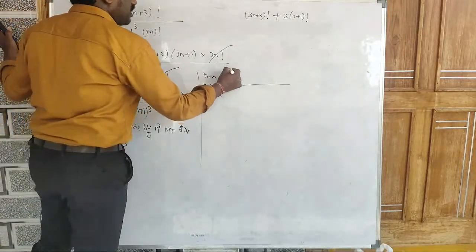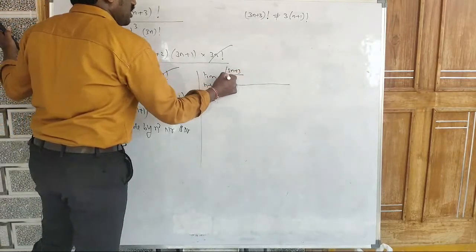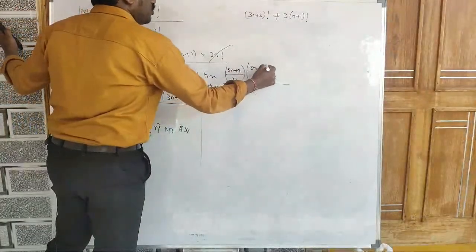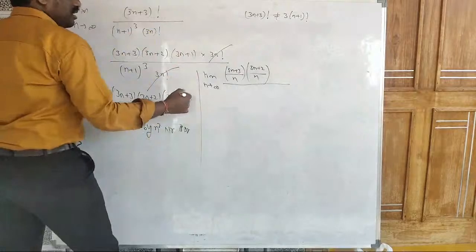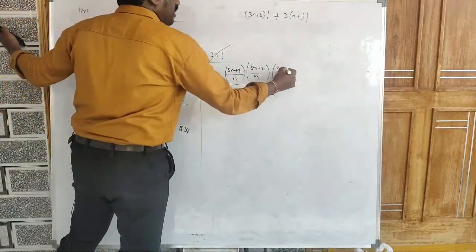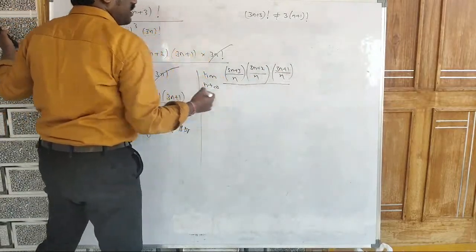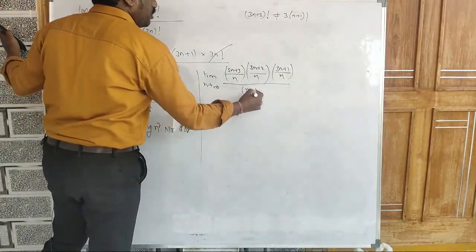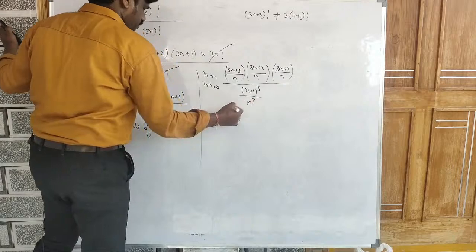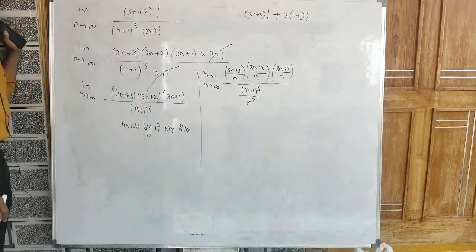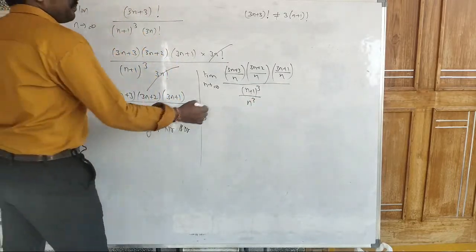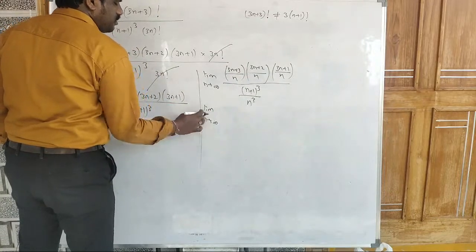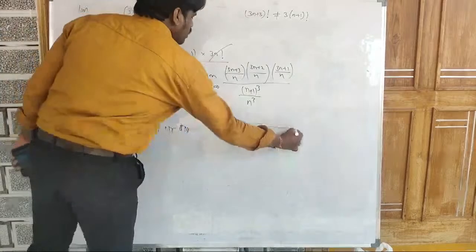So we get 3n plus 3 divided by n, 3n plus 2 divided by n, 3n plus 1 divided by n. I separated it to each n. And this I can write as n plus 1 whole cube divided by n cube, because I have to give n cube to both.